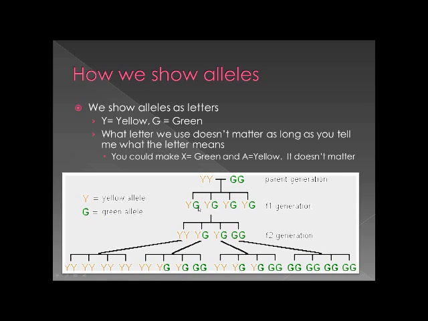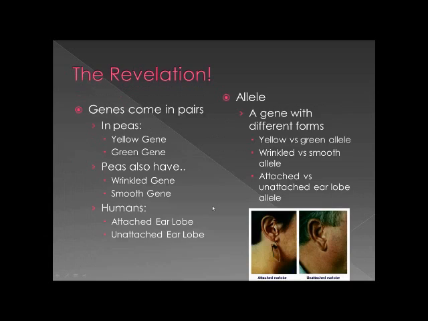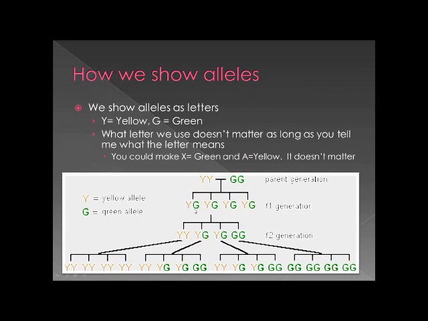So the babies here had a Y and a G. Now, here's where things got interesting. When you cross these guys together, who have one for yellow and one for green, these were all yellow. That means that even though they have a gene for green, these peas aren't green, they're yellow for some weird reason. Even though they have half green, half yellow, they're still only showing up as yellow.